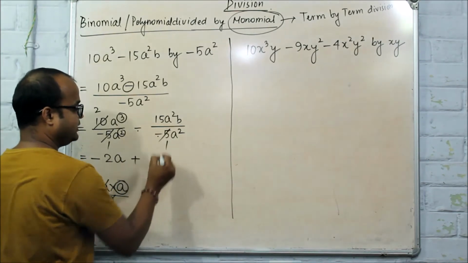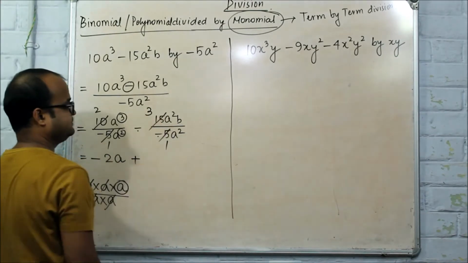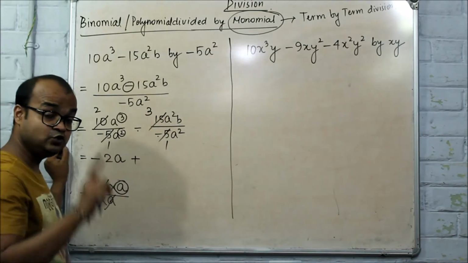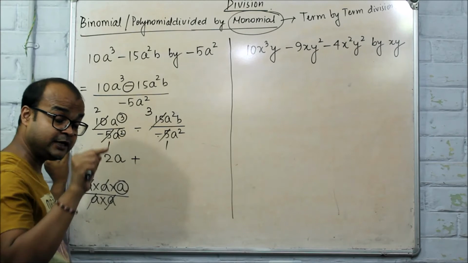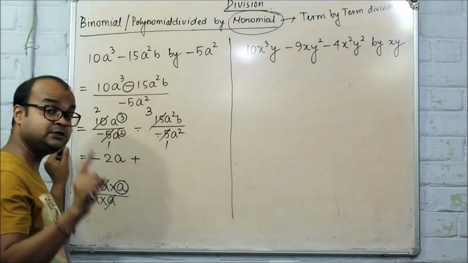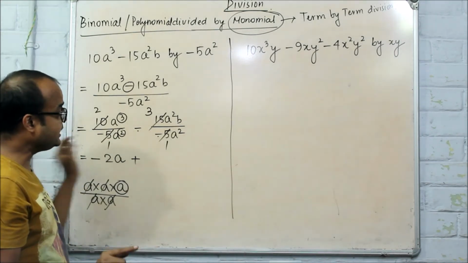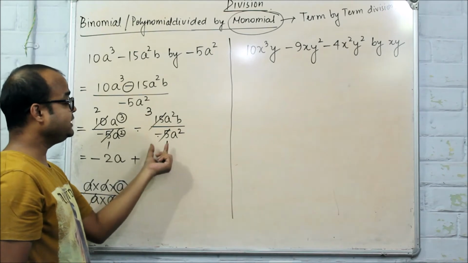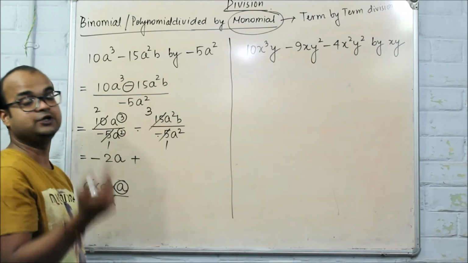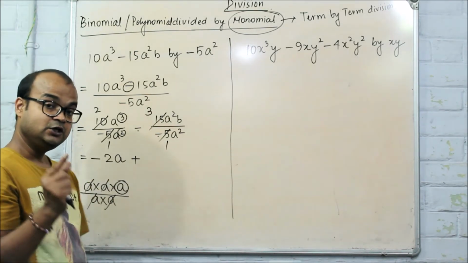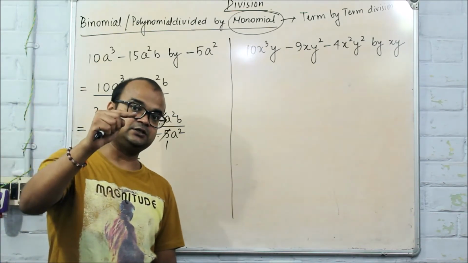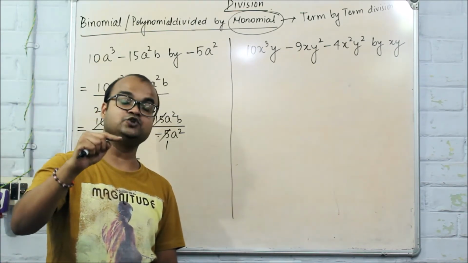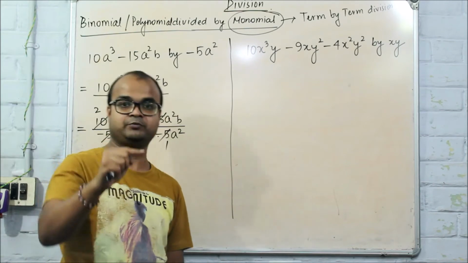5 ones are 5, 5 threes are 15. You need to cancel the numerator and denominator by the same factor. You cannot cancel the denominator with 5 and the numerator with 3. Clear? With the same factor, you are going to divide the numerator as well as the denominator.